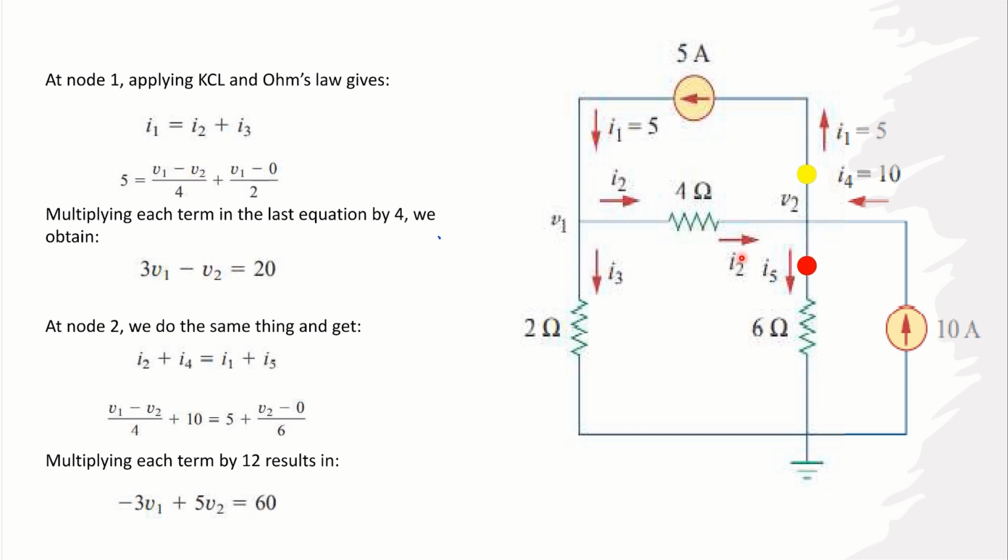Now, applying KCL at node 2, we know that I2 and I4 are entering the circuit and I4 has a value of 10 amperes. And I5 and I1 are leaving the circuit and I1 has a value of 5 amperes. So we can write it as I2 plus 10 is equal to 5 plus I5.